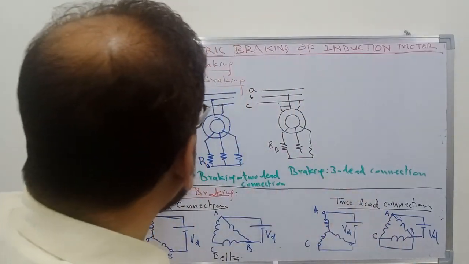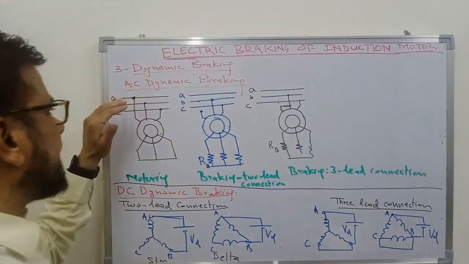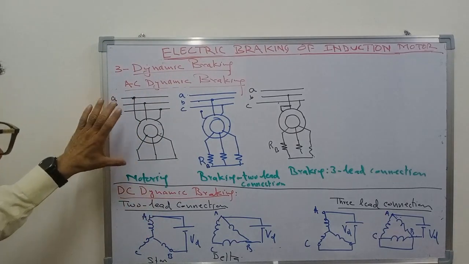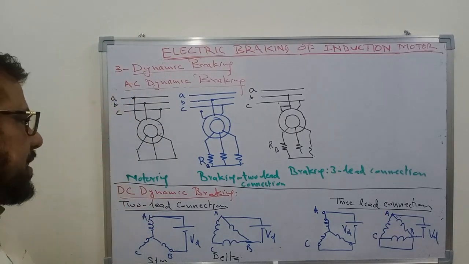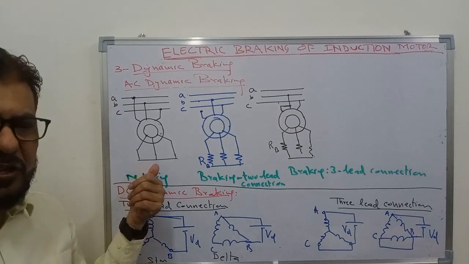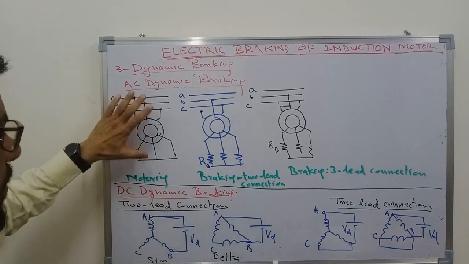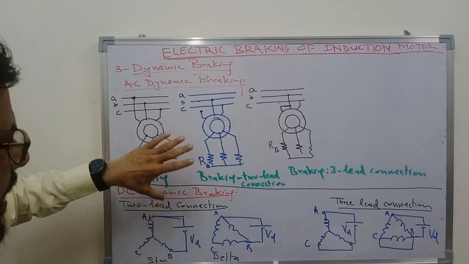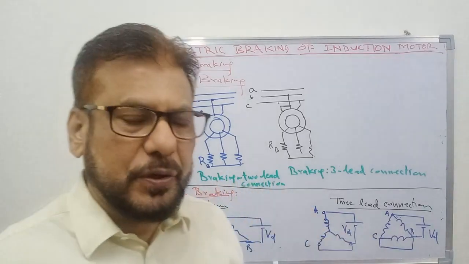Let us first understand the AC dynamic braking, how it is obtained. I have shown here a wound rotor induction motor, and it is normally connected to the supply. The rotor windings are short circuited and the machine is running as a motor.